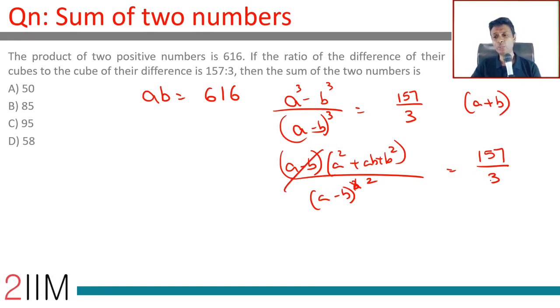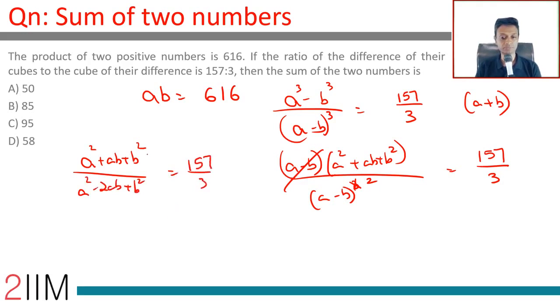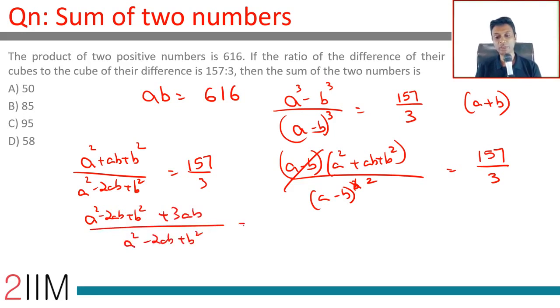We know A into B is 616. So we can restructure this and say (A square plus AB plus B square) by (A square minus 2AB plus B square) is 157 by 3, or (A square minus 2AB plus B square plus 3AB) by (A square minus 2AB plus B square) is 157 by 3.